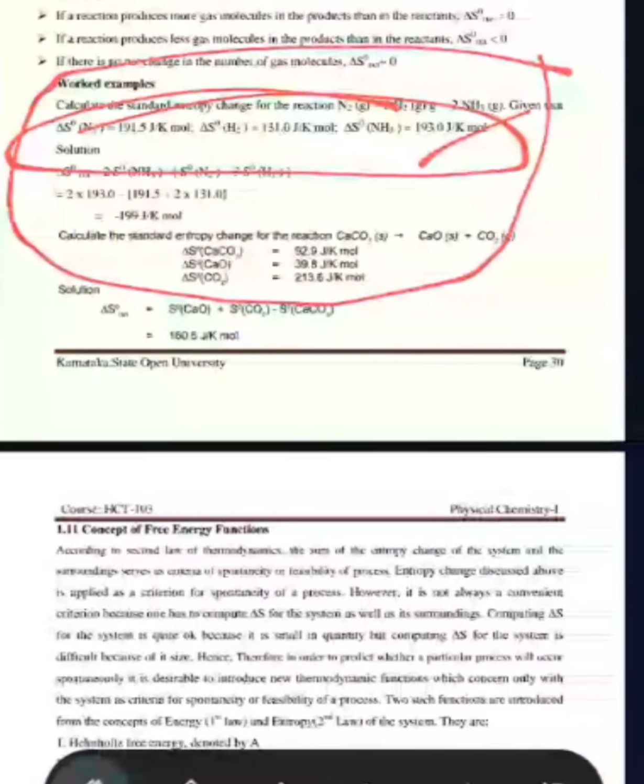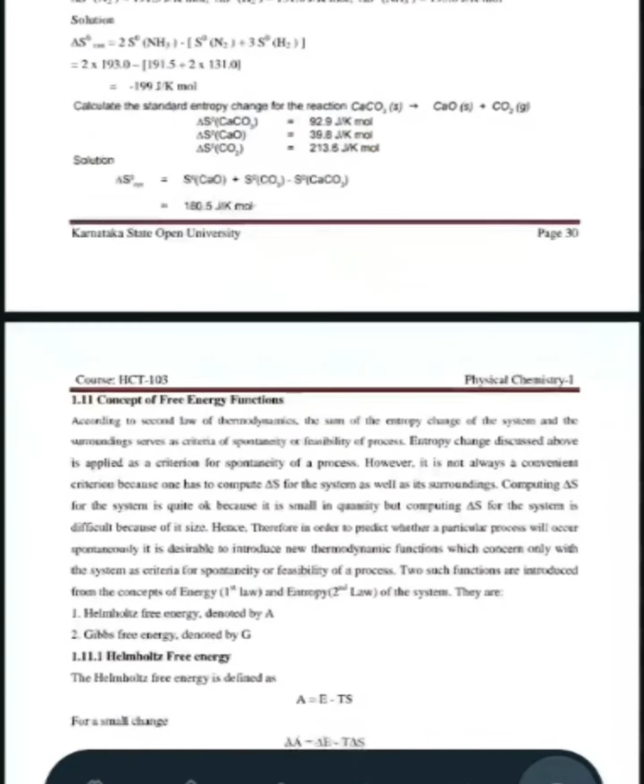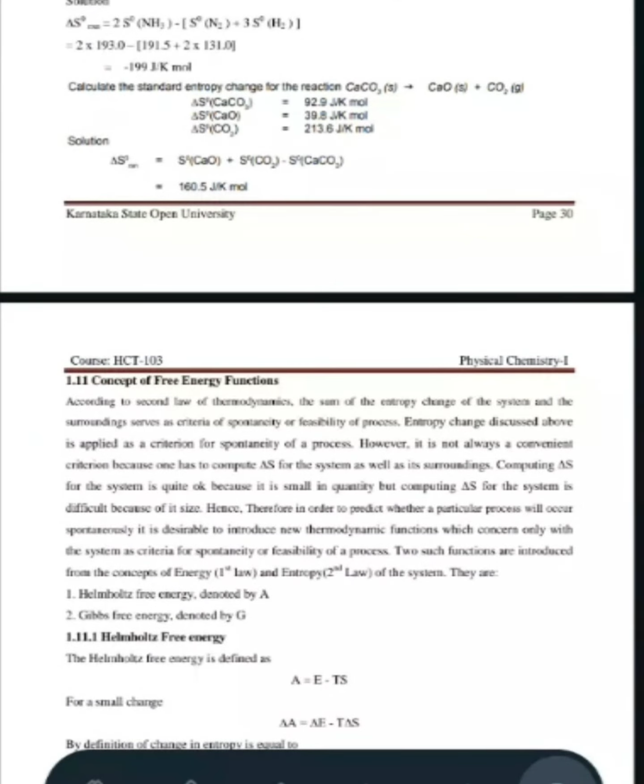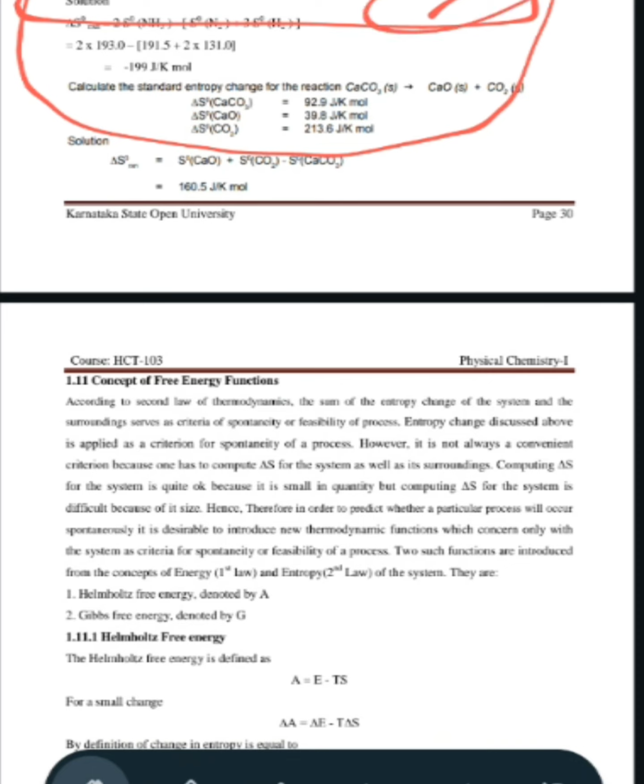So what is the solution? The solution is delta S naught of the reaction is equal to product minus reactant. The product is ammonia, the formation of product is ammonia. So that minus reactant. When the product comes, what is the value? That is 193. 193 minus 191 plus 131. That is what they have done here. The value is minus 199 joules per Kelvin mole.